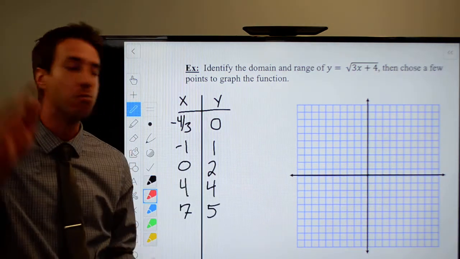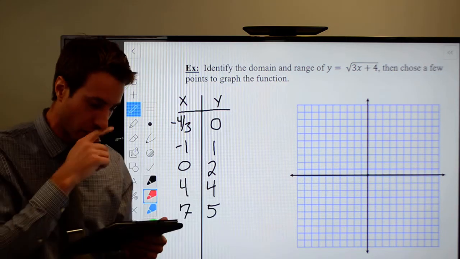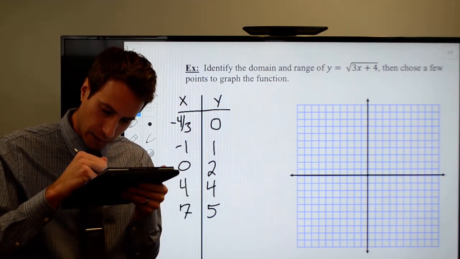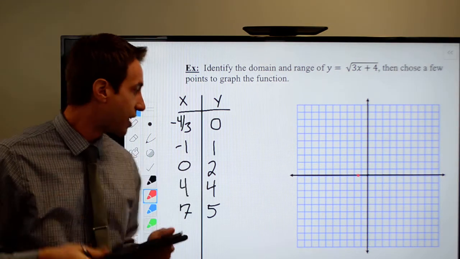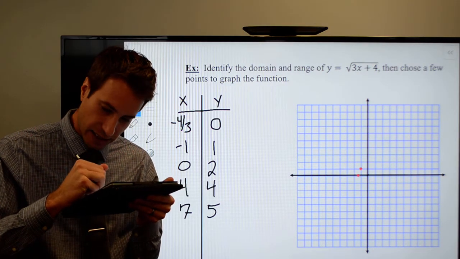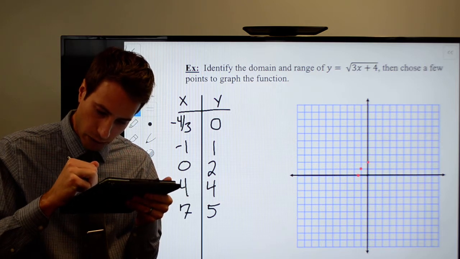All right, guys, that is more than enough points. Let's go ahead and graph these points and see what our function looks like. This is negative 4/3, which is probably right about there-ish. Then I have negative 1, 1 right there. 0, 2 right there. 4, 4. 1, 2, 3, 4.